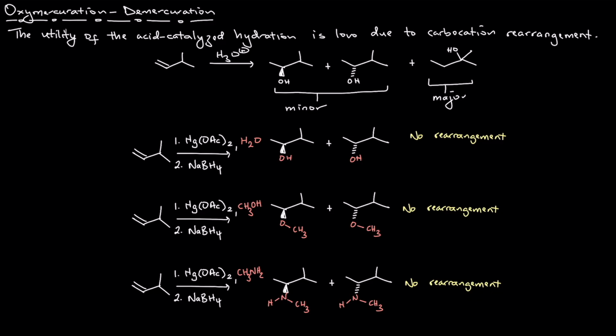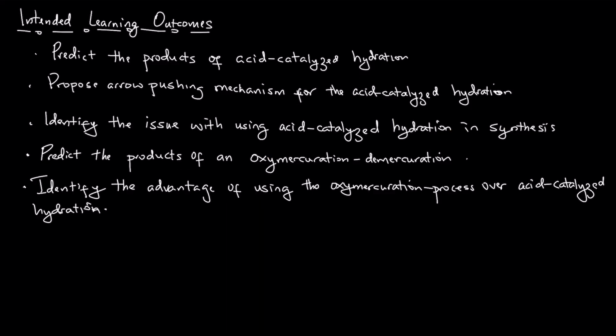If you do the acid-catalyzed hydration, you are going to form a carbocation, and you could potentially go through a rearrangement to form your most stable carbocation. However, if you use the oxymercuration-demercuration reaction, you will not get any kind of rearrangement. It would just be a simple Markovnikov addition to the more substituted vinylic carbon. Okay, so it's my hope that you can see that this acid-catalyzed hydration is actually fairly straightforward.